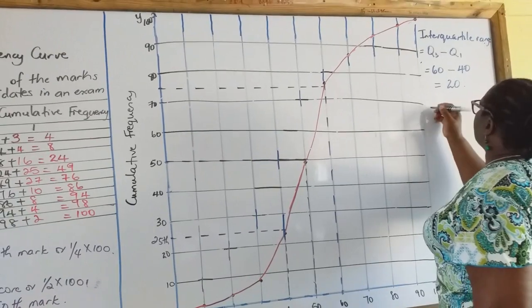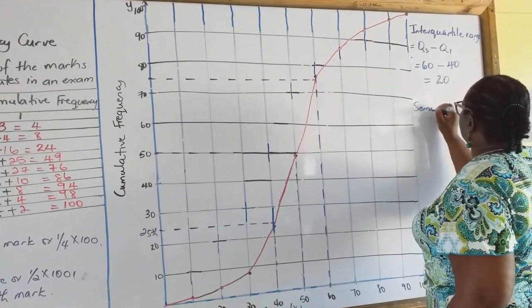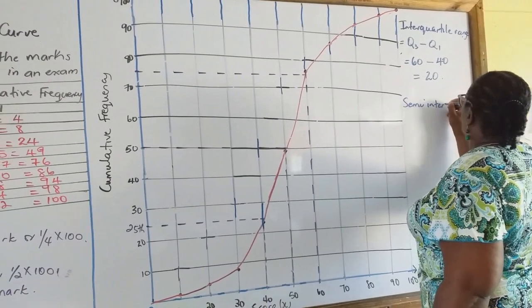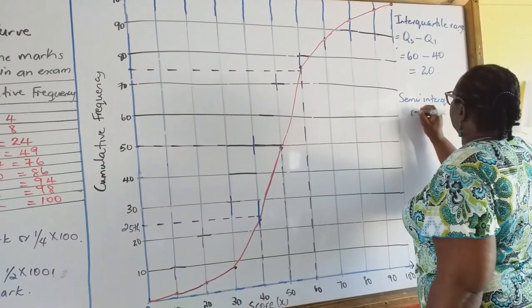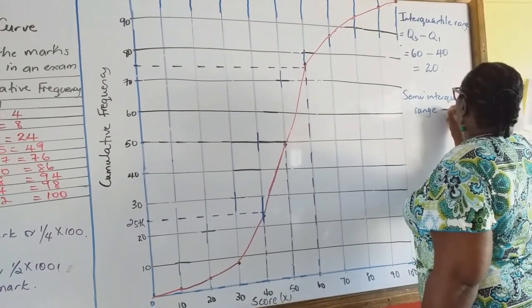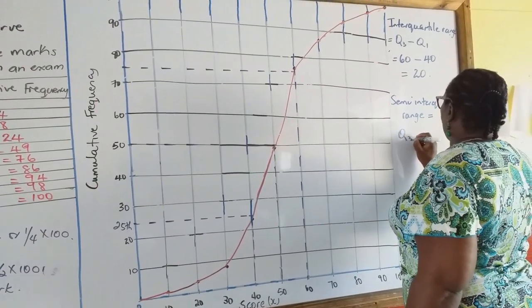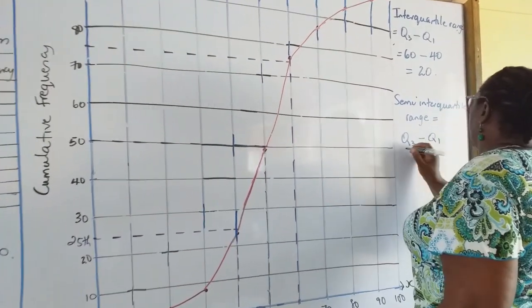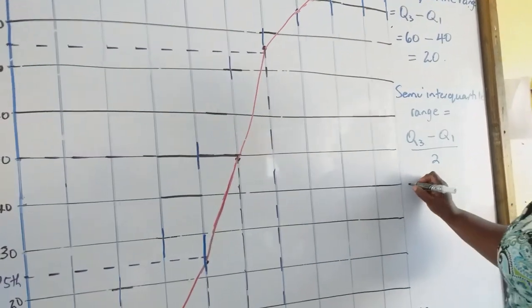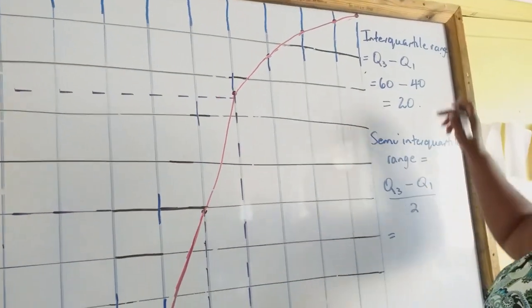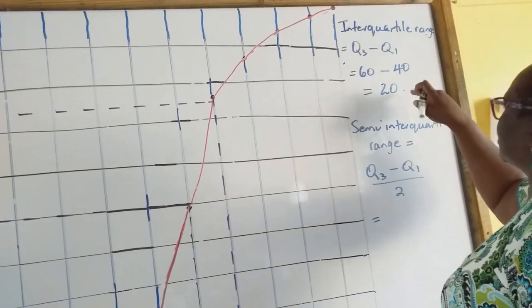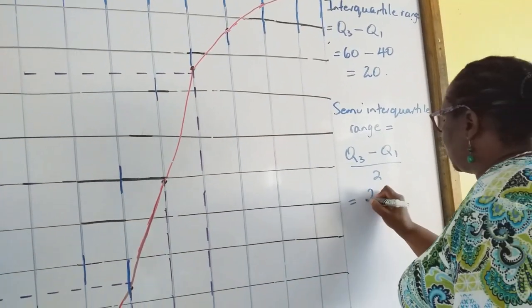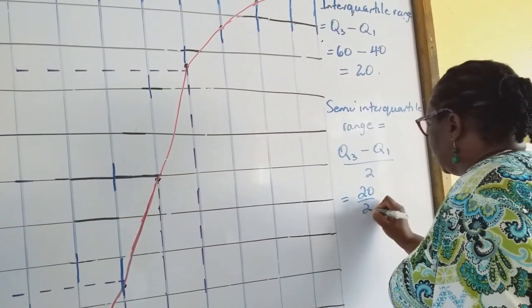You can also be asked to find the semi-interquartile range. That is equal to Q3 minus Q1 over 2. We already found Q3 minus Q1 and it is 20, so we divide that by 2, that will give me 10.